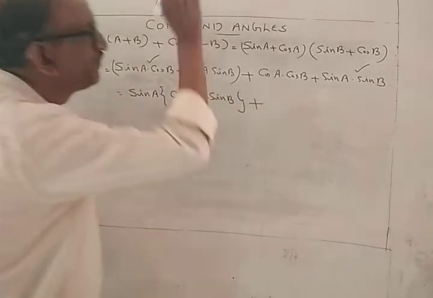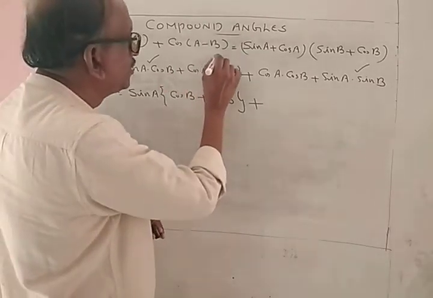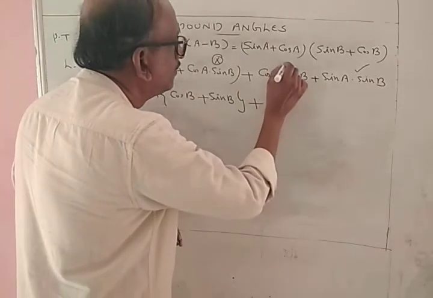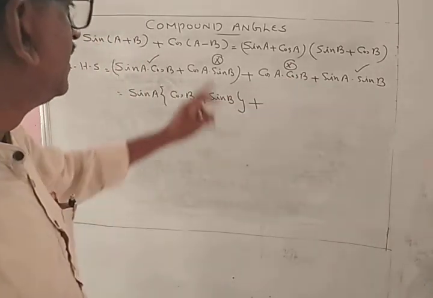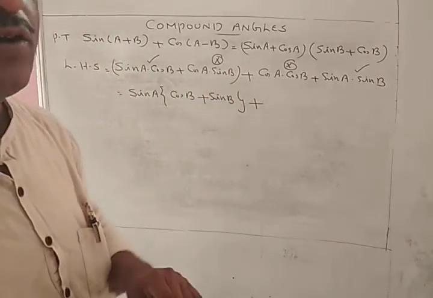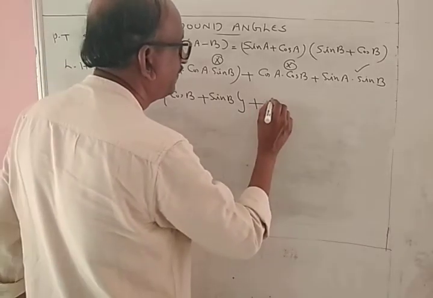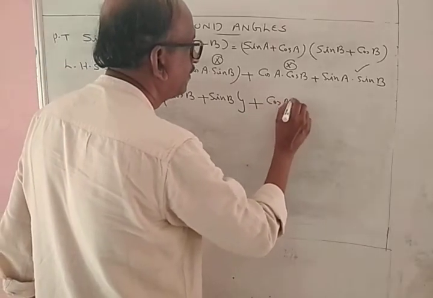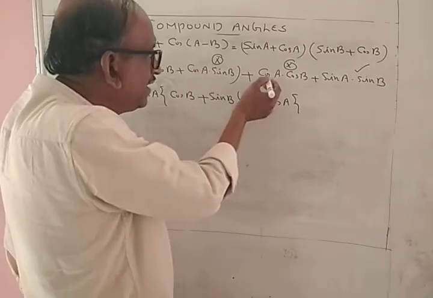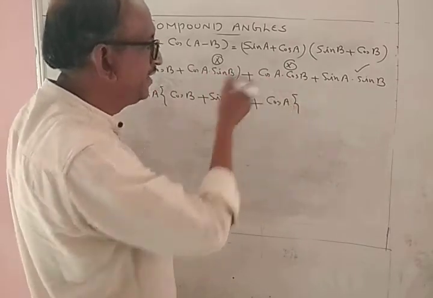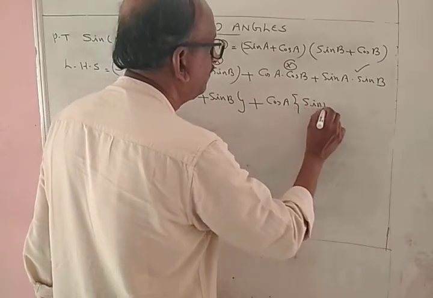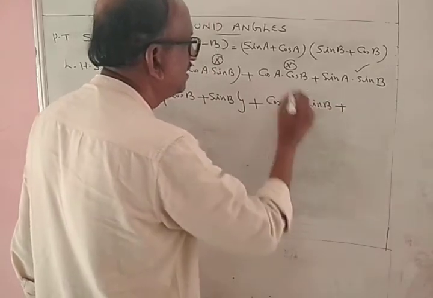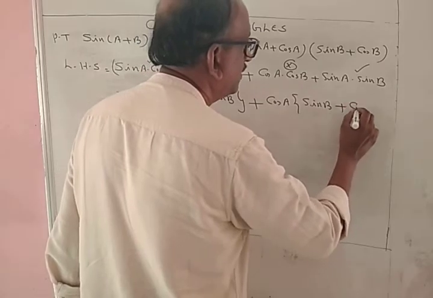Plus, consider these two quantities, cos a sin b and cos a cos b. Here cos a is a common factor. Take cos a outside. Cos a sin b and cos a cos b, cos a common factor, we take cos a outside, remaining quantity is sin b, plus, remaining quantity cos b.